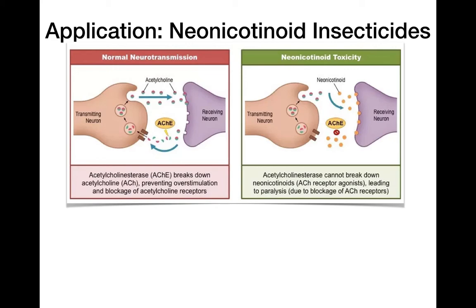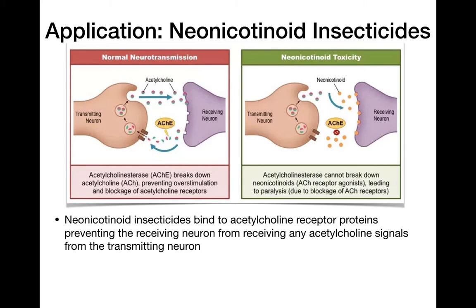So a really cool and terrifying application of this is neonicotinoid insecticides. What they do is bind to the acetylcholine receptor proteins. On the receiving neuron, we have little proteins that normally receive acetylcholine signals, and then it reacts. But a pesticide is designed to bind with that receptor.